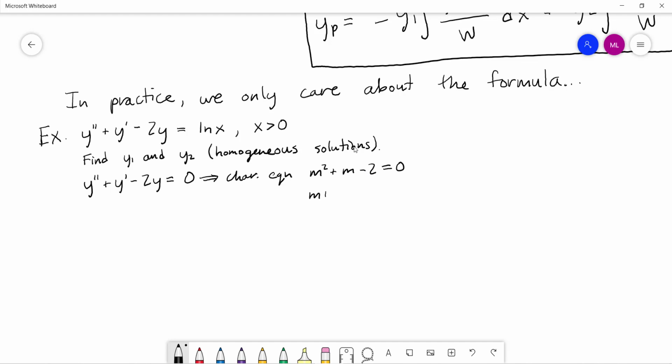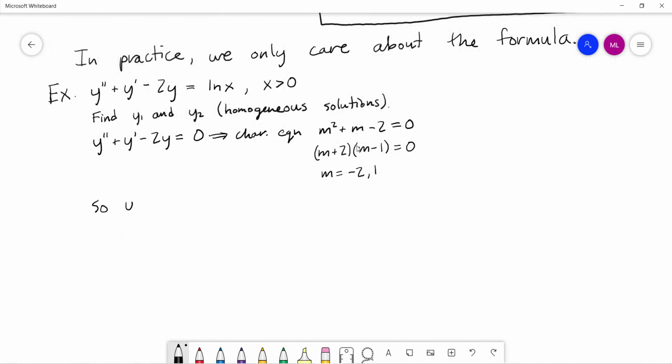So this is going to be m plus 2 times m minus 1 equals 0, which tells me m is equal to -2 or +1. And so the solution for y homogeneous is C1 times e to the x plus C2 e to the -2x, where we can call the first y1, and this one right here is y2. Those are the two solutions.